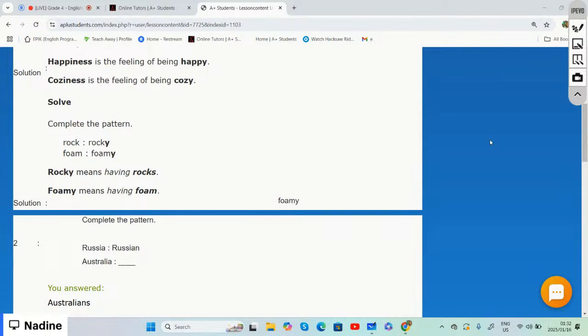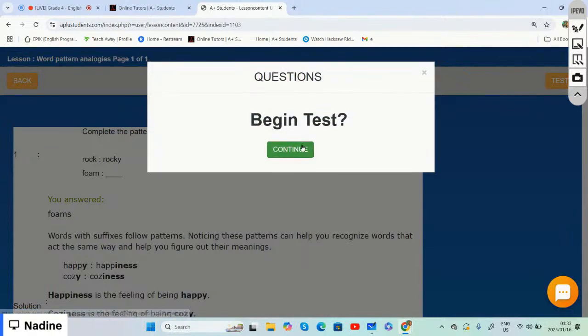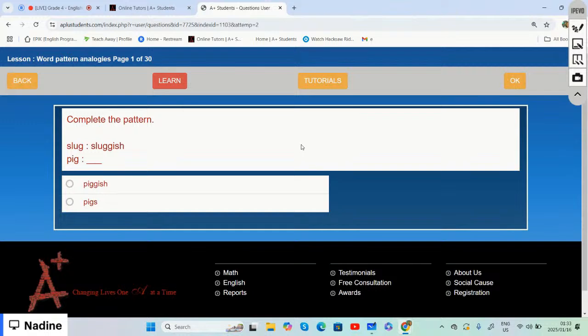The base words stay the same, but what changes is the suffix that is added to a specific word in order to create the new meaning of the word. The next one says complete the pattern.